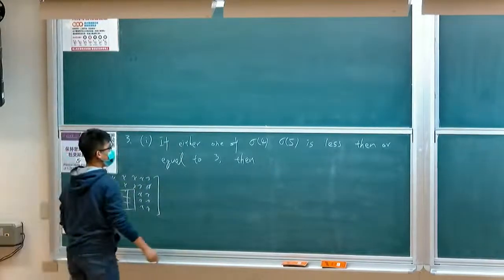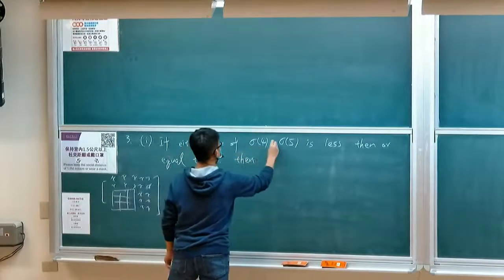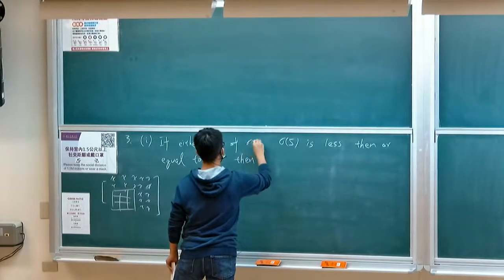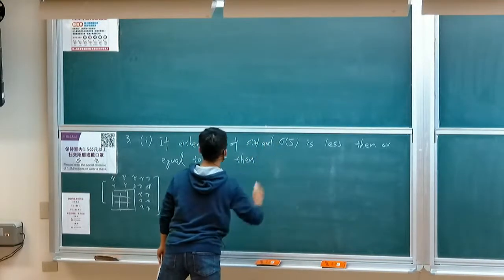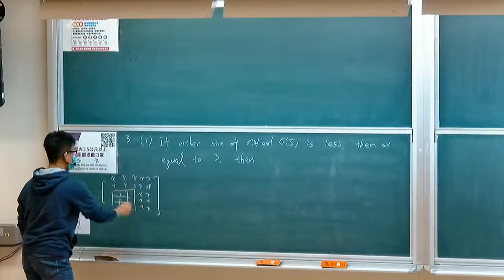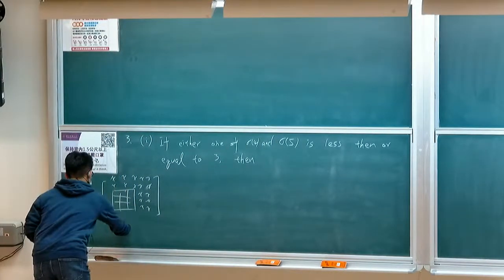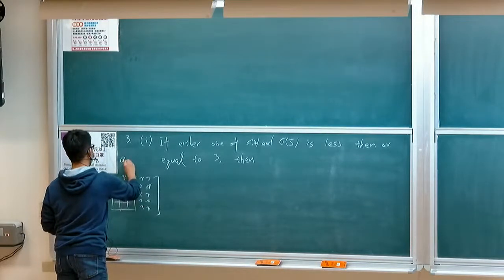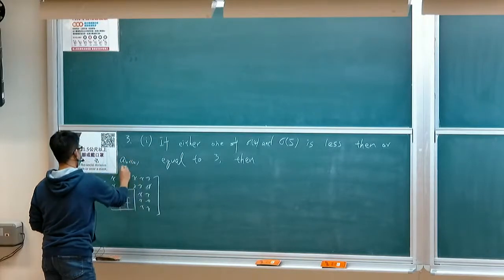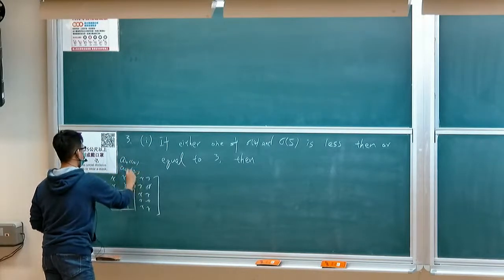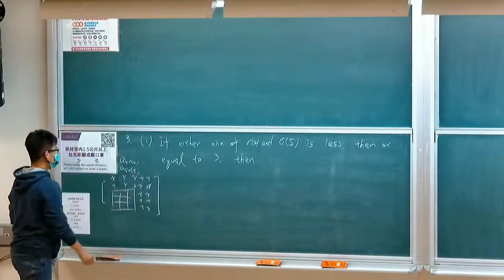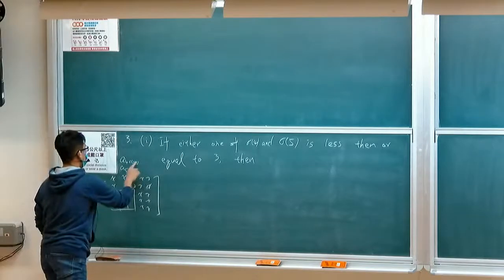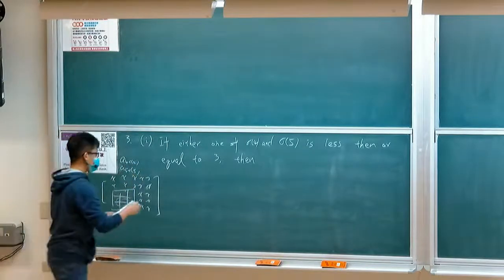So, if one of sigma 4 and sigma 5 is less than or equal to 3, then A4 sigma 4 or A5 sigma 5 must be located in this area. So one of these two terms will be 0.